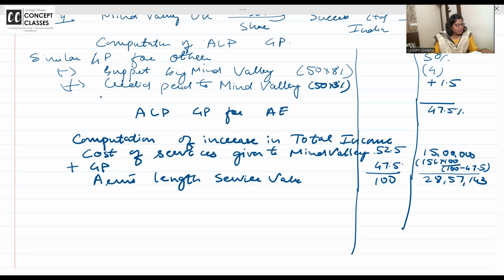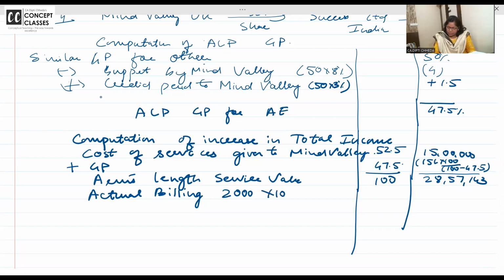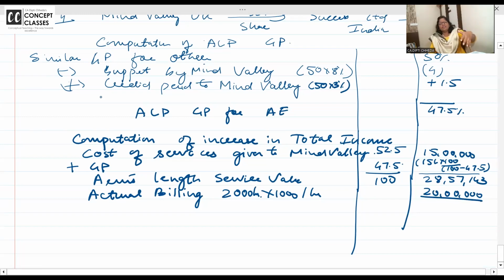Billing कितने का हुआ है देखो. एक्चुअल बिलिंग हुआ कितने का है देखो, actual billing is 2000 man hours to Mind Valley at 2000 per hour and 2000 hours. So actual billing कितना हुआ है 20 lakhs का. We have given services worth 28 lakhs, but we have billed 20 lakhs.